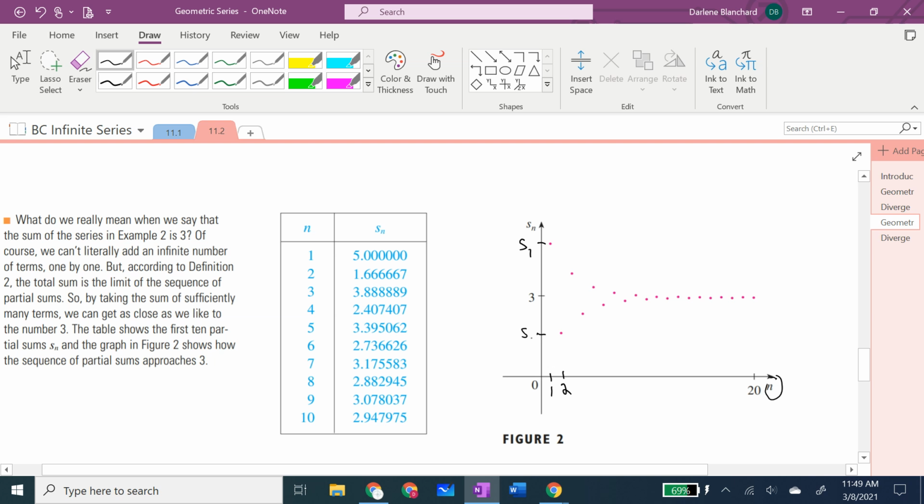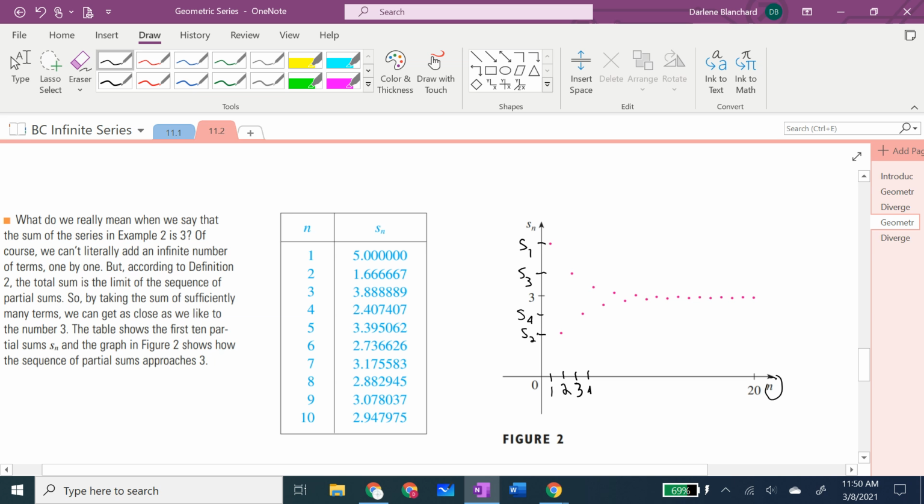And I want you to see an interesting pattern. When n equals 3, when I add 3 terms together, when n equals 4, and do you see what's happening here?